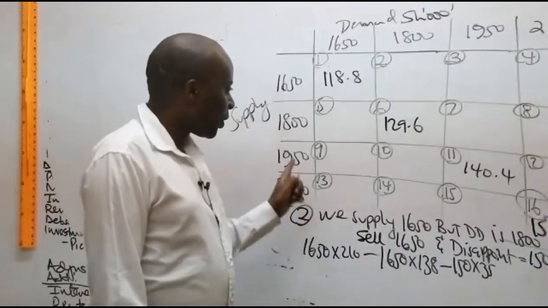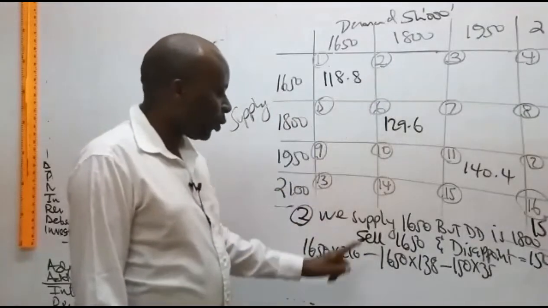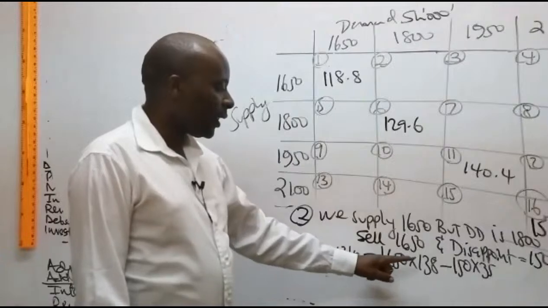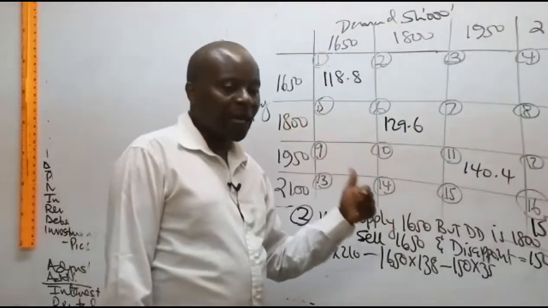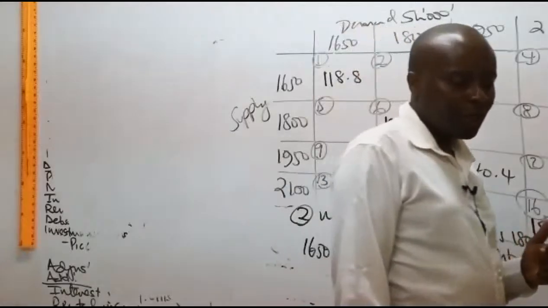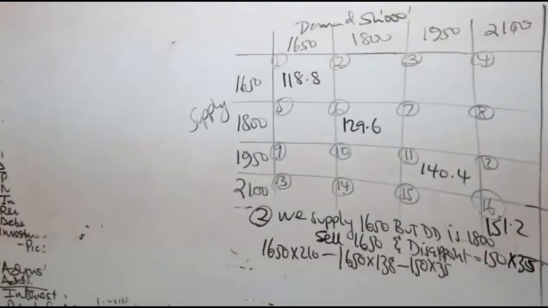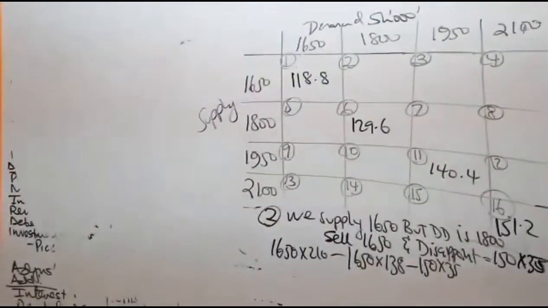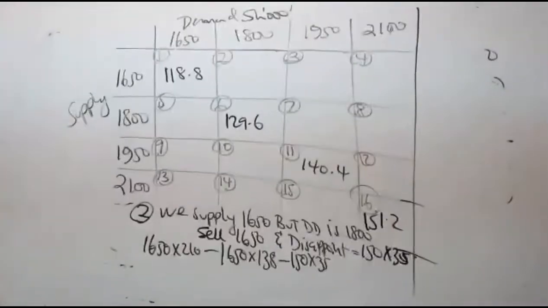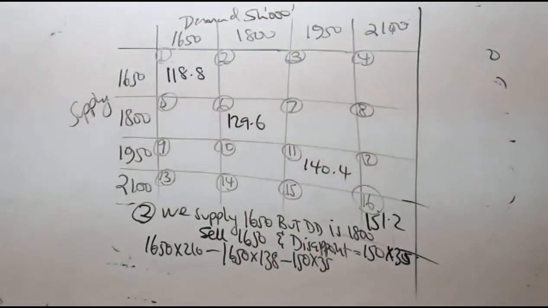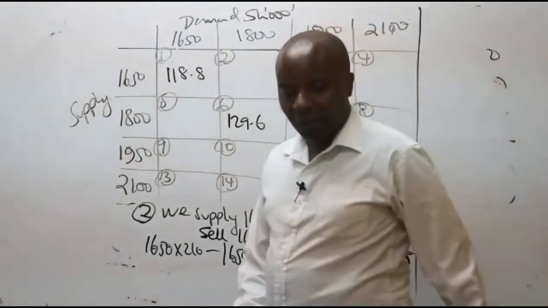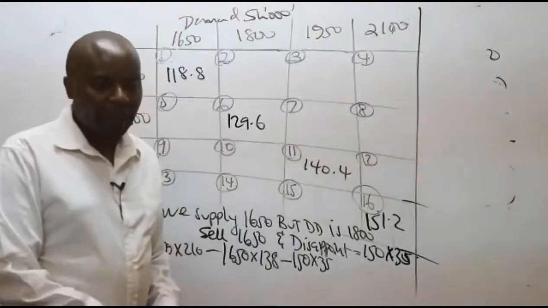That we are going to sell 1650 at 210 minus 1650 times 138, but don't forget to deduct the opportunity cost of the customers who will run away without our stuff. So somebody is giving me a figure here, a figure of how much? 113.55.